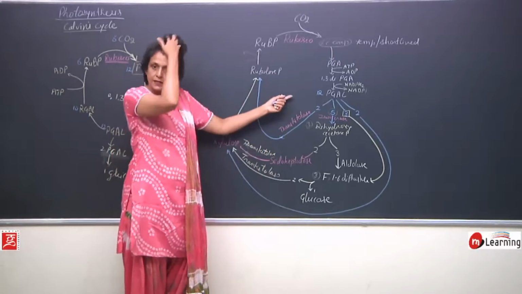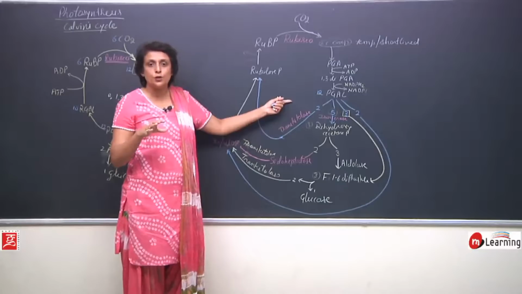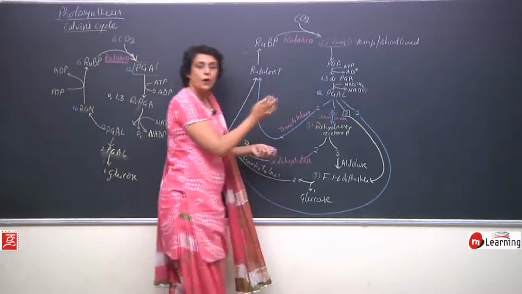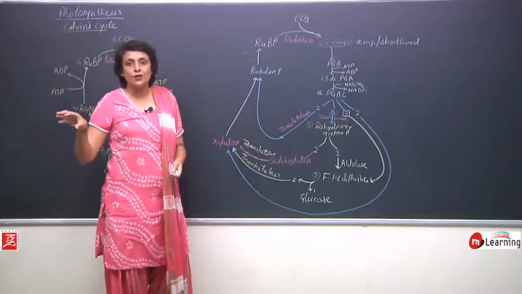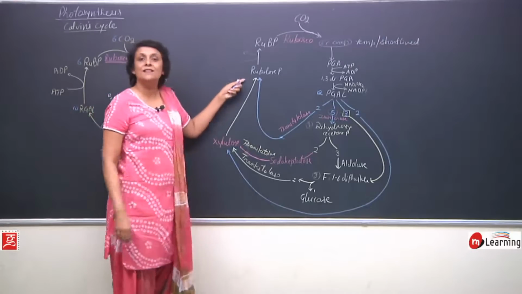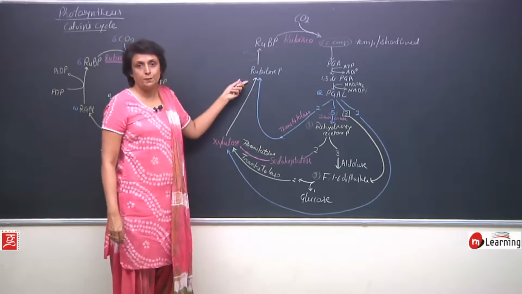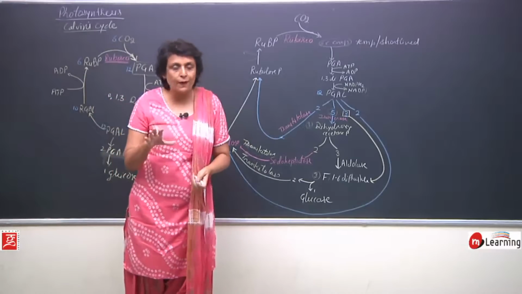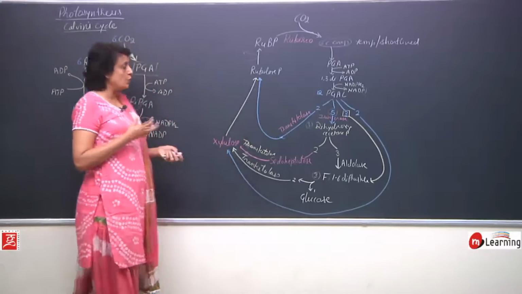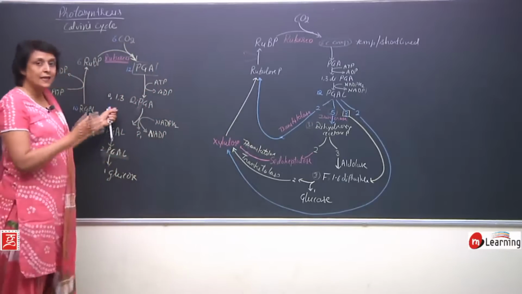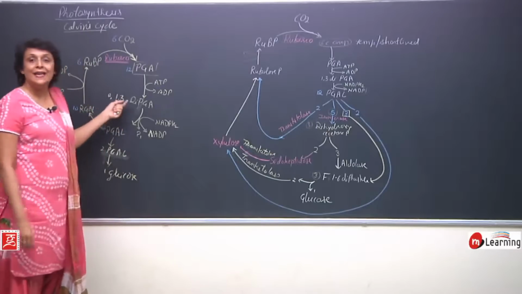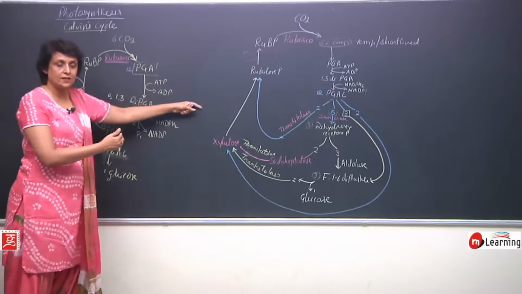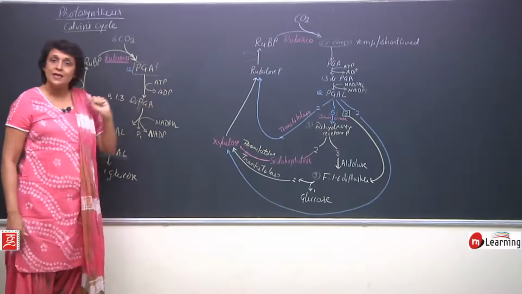When we talk of a simplified version, we straight away say that phosphoglyceraldehyde is formed, 1 molecule or 2 molecules give us glucose and all others help in regeneration of RuBP. But the Calvin cycle, when it takes place, is not a simplified version. We take the simplified version so that we understand the basic things first, and then when we understand the basics, the addition of complex or intermediate steps becomes easier.